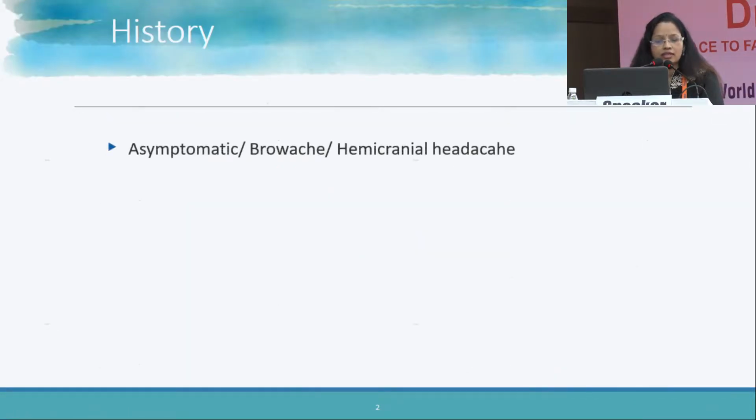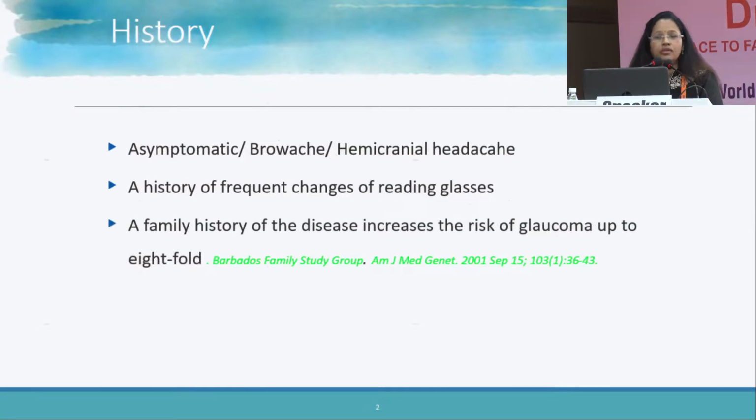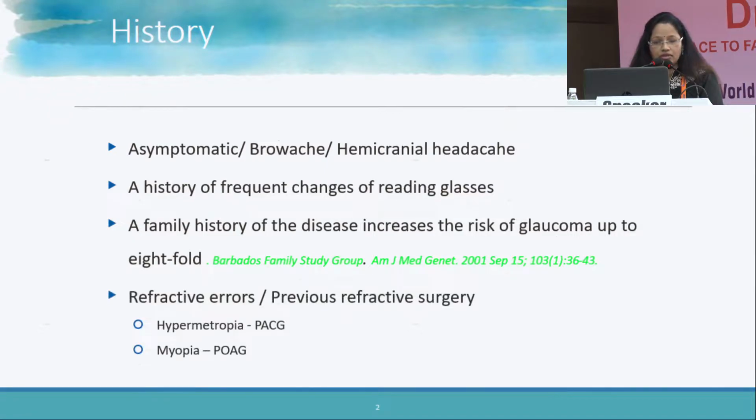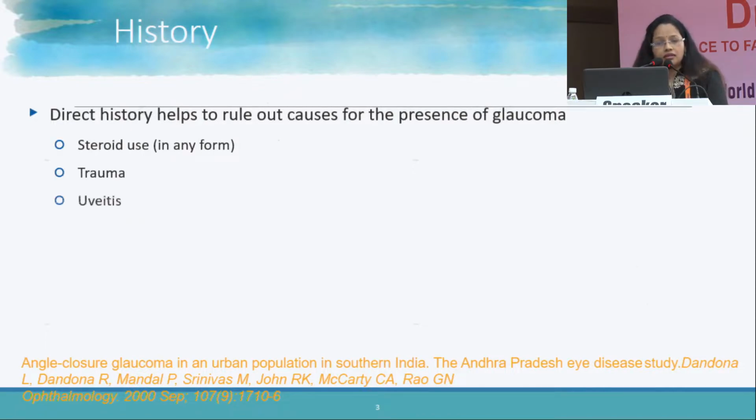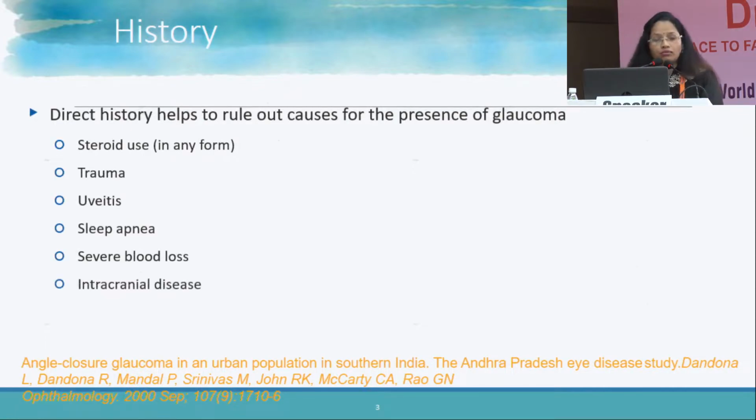Whenever we are taking history, we do take history of brow ache or hemicranial headache. Sometimes history of frequent change of reading glasses is another important thing to take in patients of glaucoma. Family history is very important in all patients of glaucoma. But there are certain things we should always ask, especially steroid in any form, even an ointment, or some other allied medicine, maybe homeopathic or Ayurvedic, which might contain steroid.